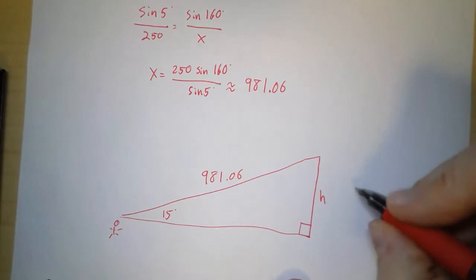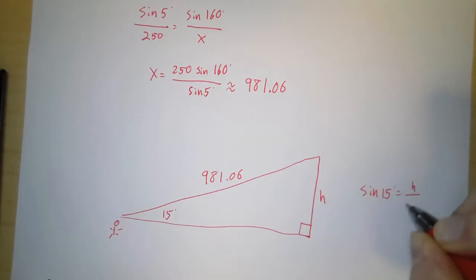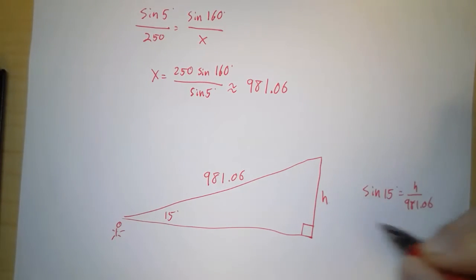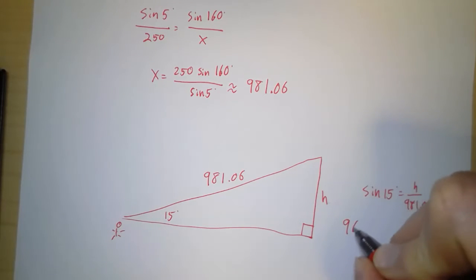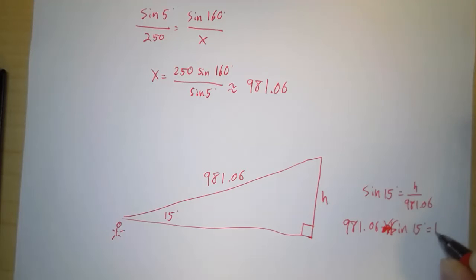So we'll use sine. So sine of 15 degrees equals h over 981.06. So we'll multiply that over: 981.06 times sine of 15 degrees, and that's going to equal h.